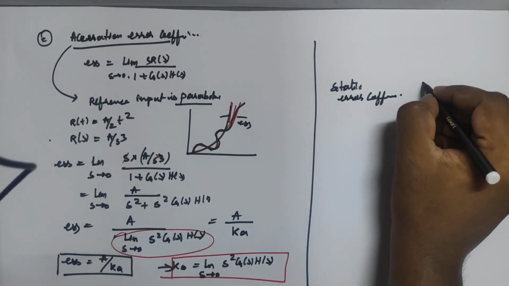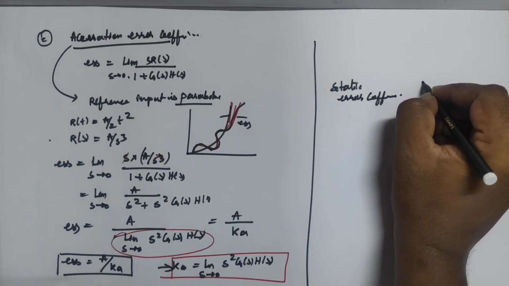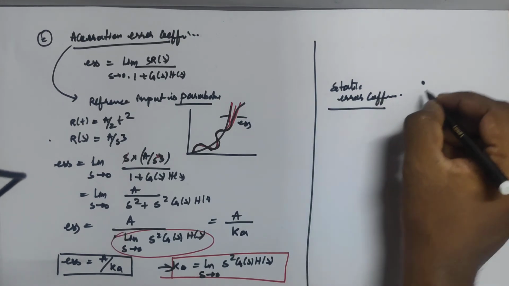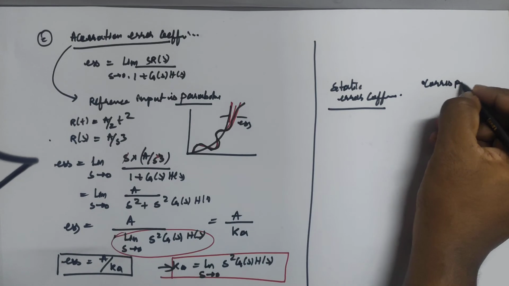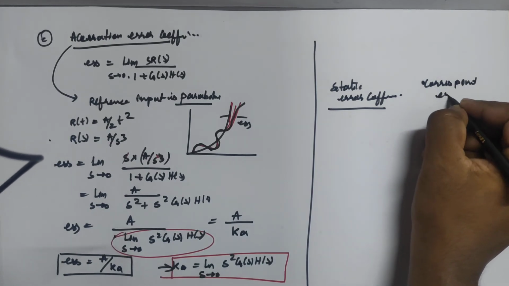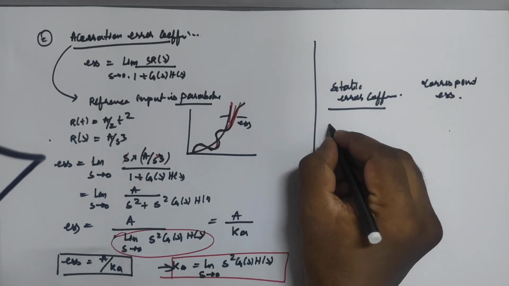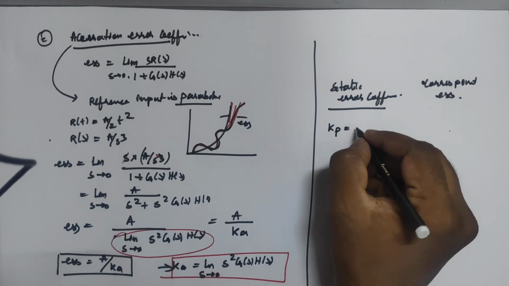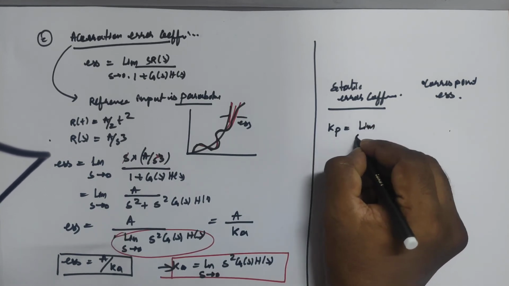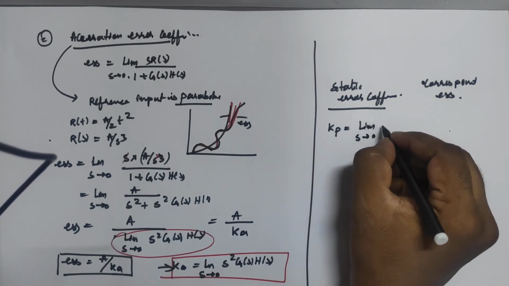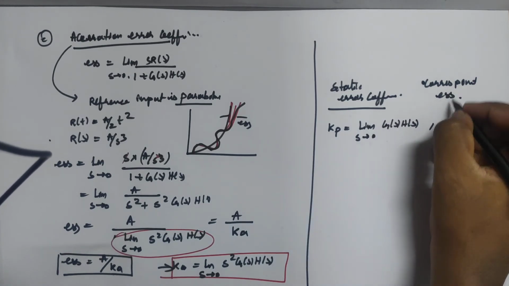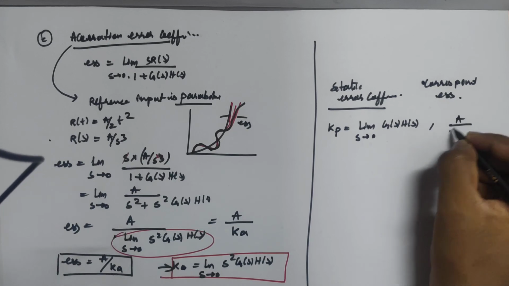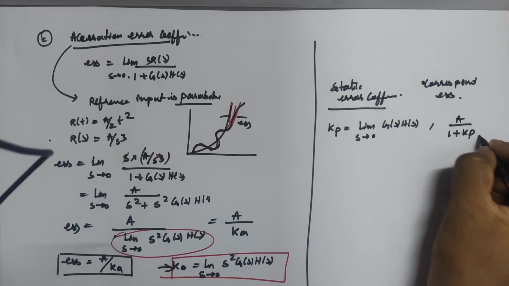Now the static error coefficients and the corresponding steady state errors. Kp means the position error coefficient, designated as limit s tends to 0 of G(s)H(s), and we have a steady state error of A by 1 plus Kp.